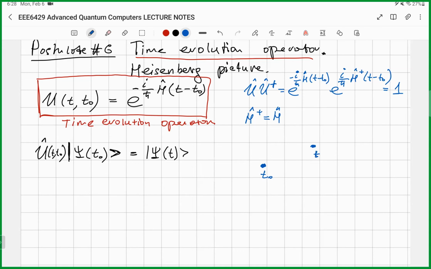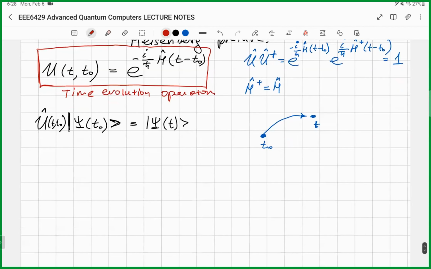So you multiply this state by this evolution operator, and the result will be the state of your system at the later moment of time. For this reason, this operator is also known as the propagator.